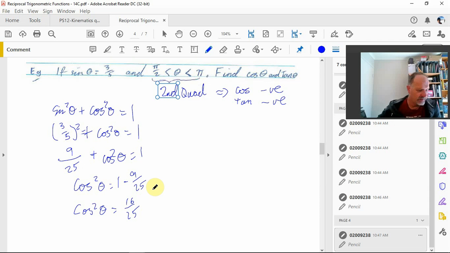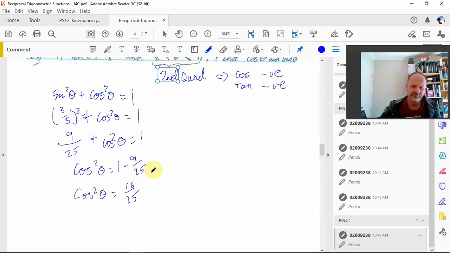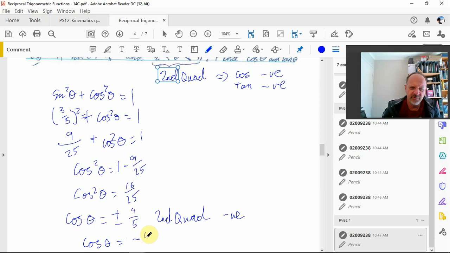And then we're going to square root to get cos. So we're after cos theta, and when we square root, it's plus or minus 4/5. Now, second quad, cos is negative. Already said that. So the cos value that we're looking for is the negative 4/5.